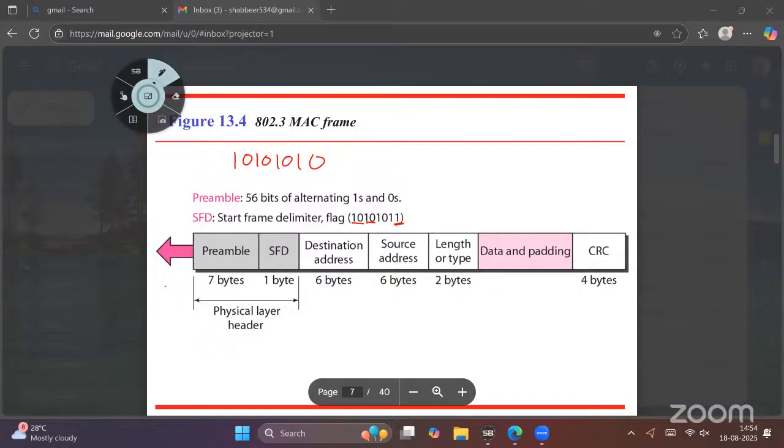Remember this: this is a total of 56 bits. Then we have the destination address, which is 6 bytes.